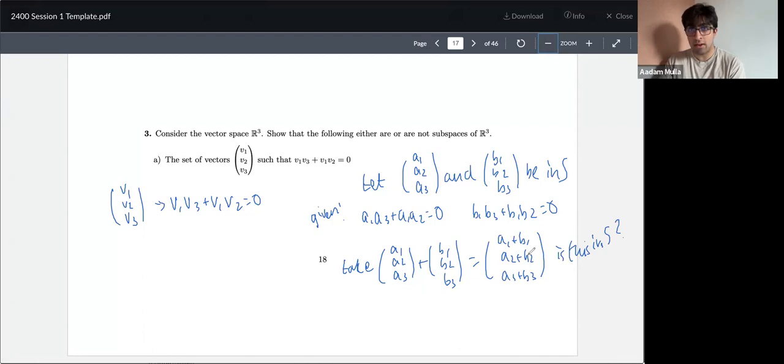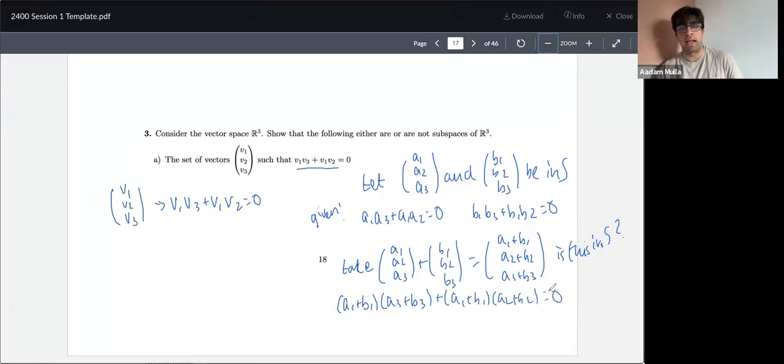So let's test, right? Any vector in S needs to have this property. So let's check if v1 times v3 plus v1 times v2 equals 0. So let's check if (A1 plus B1) times (A3 plus B3) plus (A1 plus B1) times (A2 plus B2) equals 0.